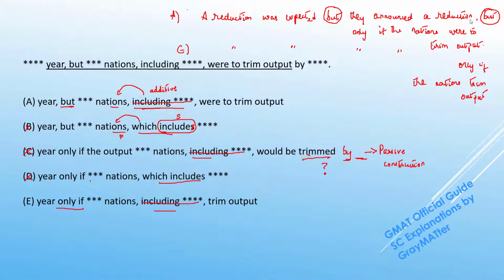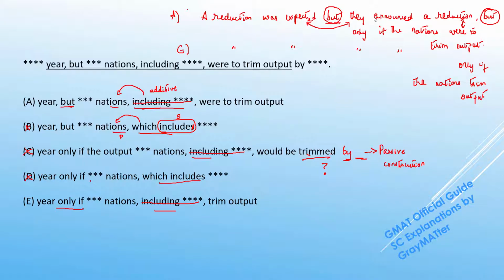Now even if this construction were to work, we need to check exactly what meaning it is conveying. We see a reduction was expected, but they announced a reduction, but only if the nations were to trim output. So in this case, this "but" is already conveying a contrast between these two things, and this "but" is conveying a contrast between these two things.